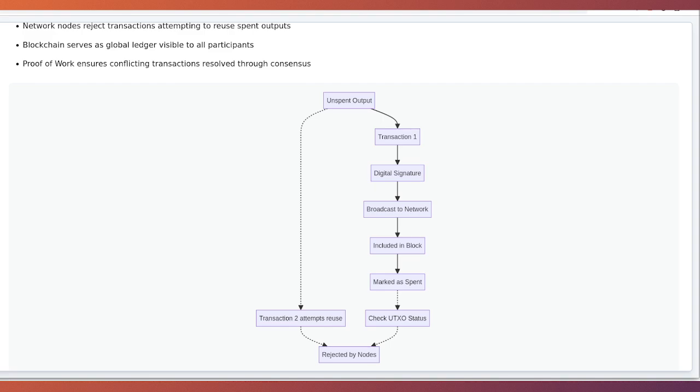The longer the chain grows beyond that block, the more final the transaction becomes. This is why Bitcoin considers transactions confirmed after six blocks. After six blocks, the probability of reversal becomes astronomically small.